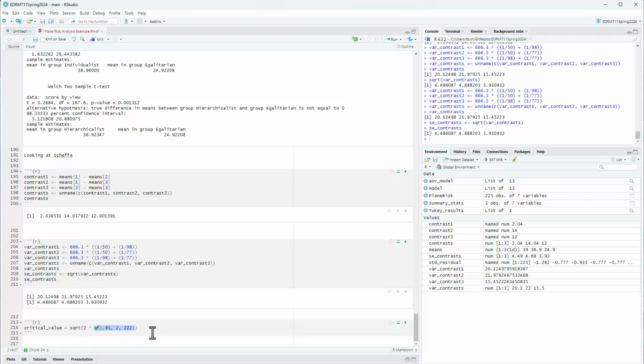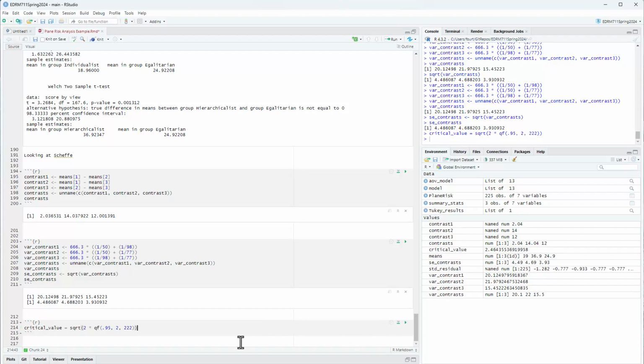The adjustment is done automatically in the entire formula. And that includes taking this critical value from the omnibus F, multiplying it by the numerator degrees of freedom, that's that 2, and then taking the square root. And so if I do this, that will give me a critical value. I can see over here in my environment window, it's about 2.46. So there's the critical value. Let me now use that critical value to calculate some contrast.